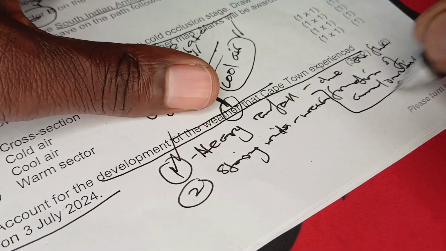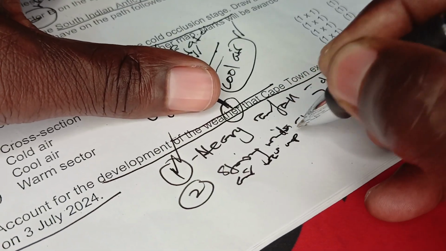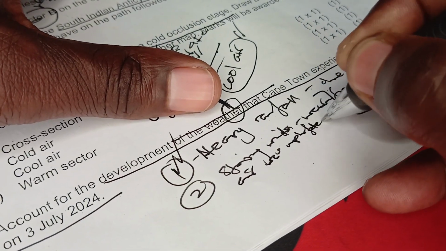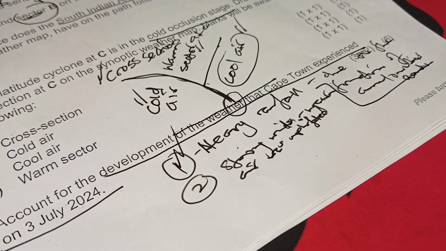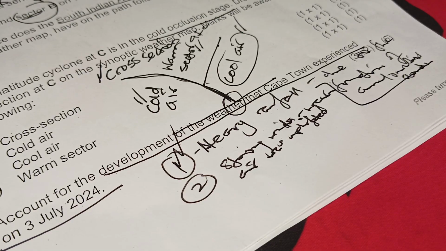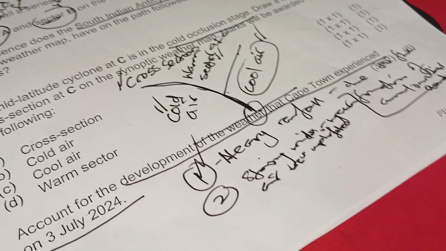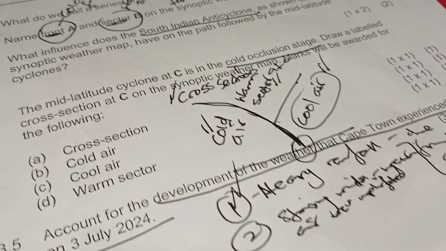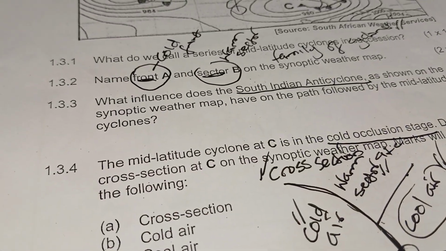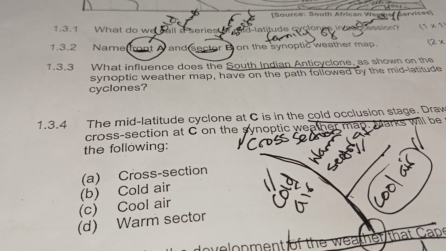Warm air was uplifted. That's what happened. Hail was due to the vertical extension of the cumulonimbus clouds. There was also a decrease in temperature because of the cold air that is behind the cold front. Those are some of the things that you can actually talk about.